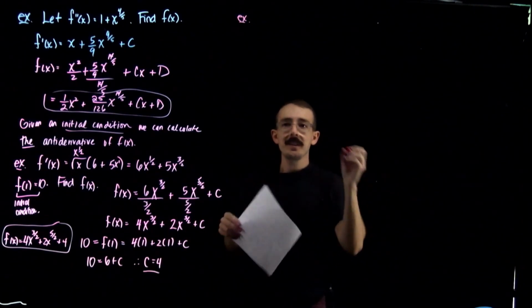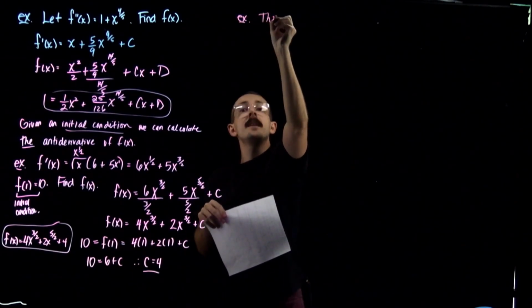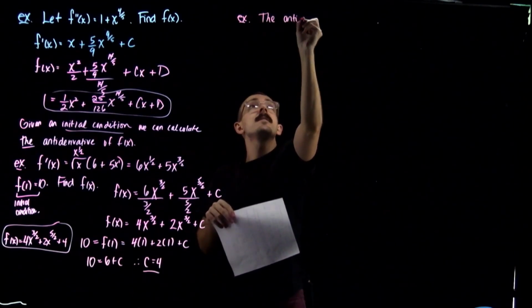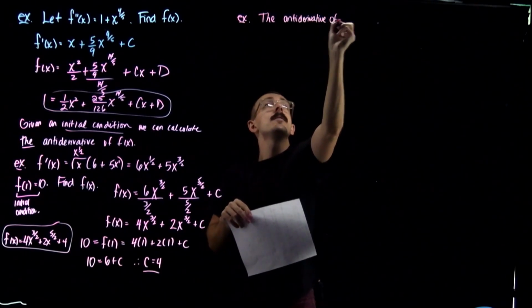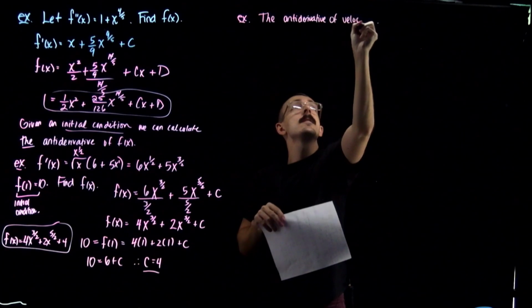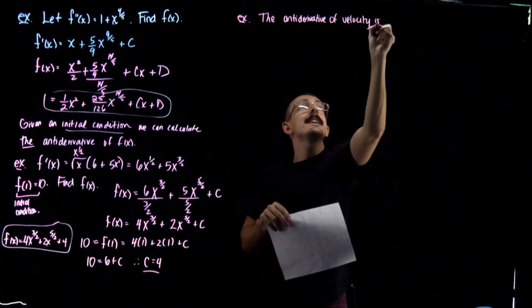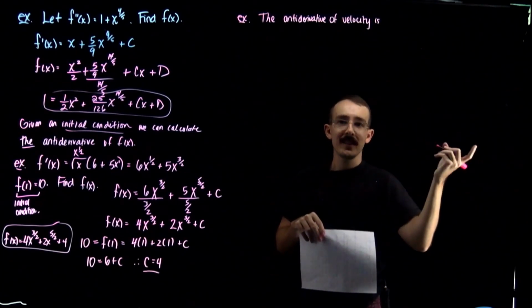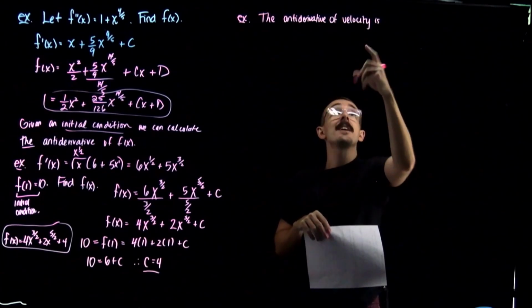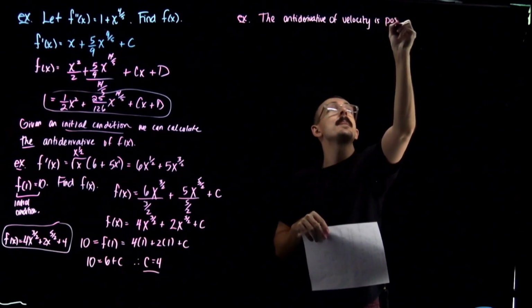Let me write 2 things for you. The antiderivative of velocity is, and what do you think it is? The derivative of velocity is acceleration. The antiderivative of velocity is position.